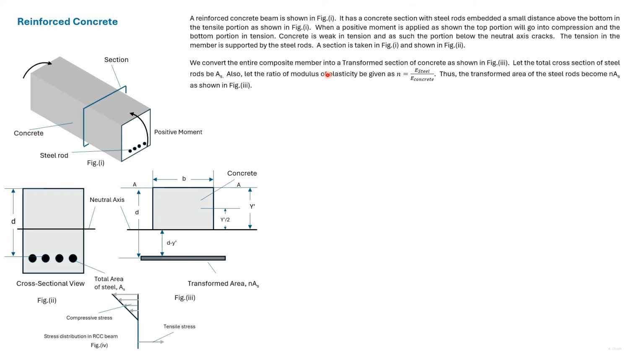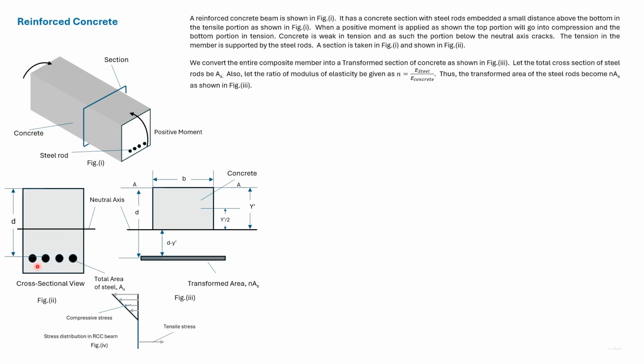The ratio of the modulus of elasticity n is given as Young's modulus of steel divided by Young's modulus of concrete. This is the transformed area of this section. The concrete below the neutral axis is not considered since it cannot withstand tensile stress.